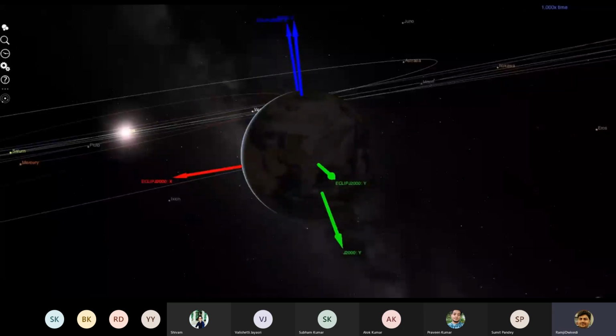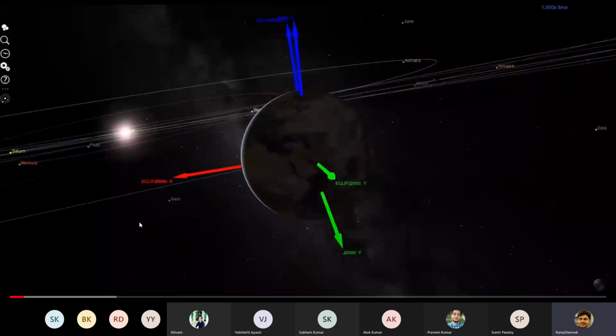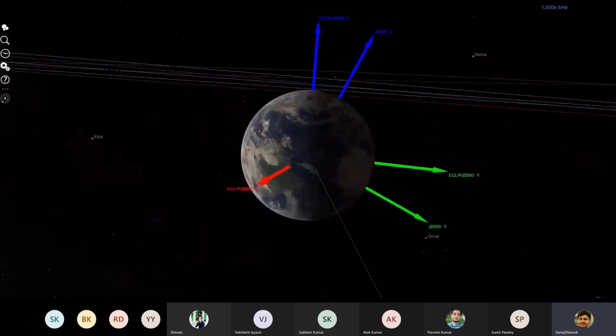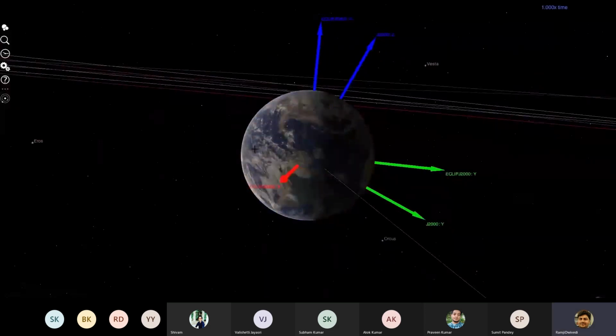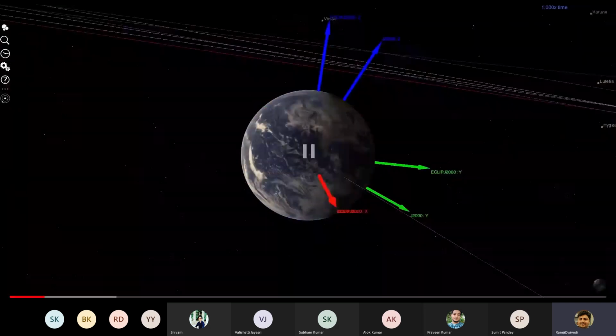So the ecliptic normal looks like this, as if everything is straight. But when you look at the side view, the Earth is slightly tilted from this ecliptic plane, and that's why there are two different XYZ frames we are looking at.